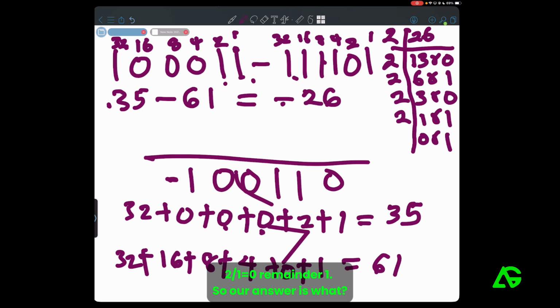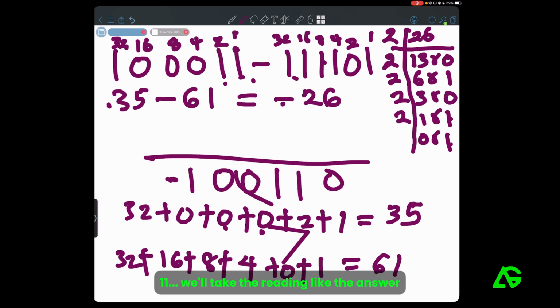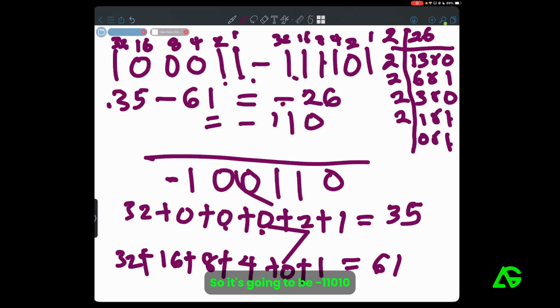So our answer is what? We'll read it from the bottom value to the top value. That is 1, 1, 0, 1, 0. So it's going to be minus 1, 1, 0, 1, 0. So you can see what I'm saying now, that doing it like this will be wrong.